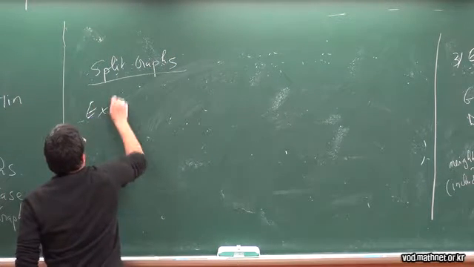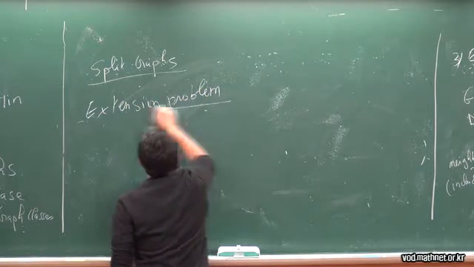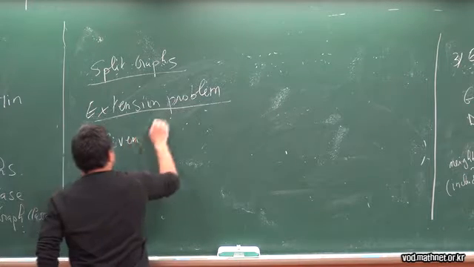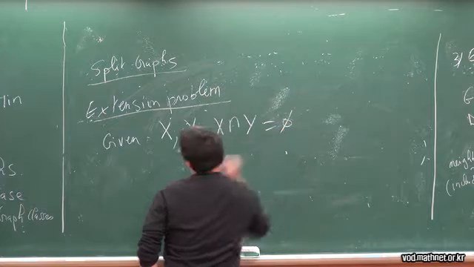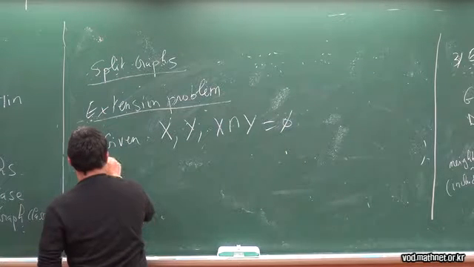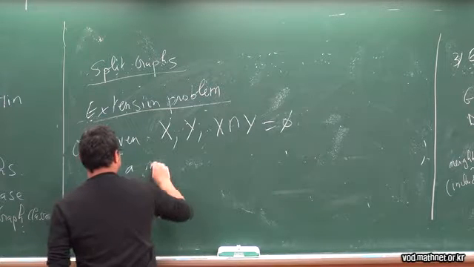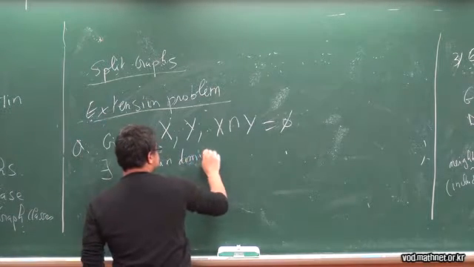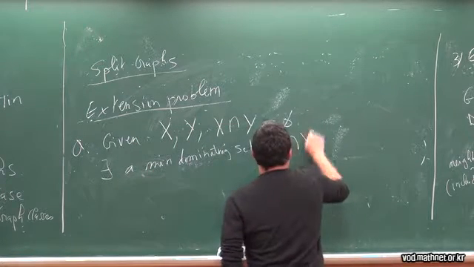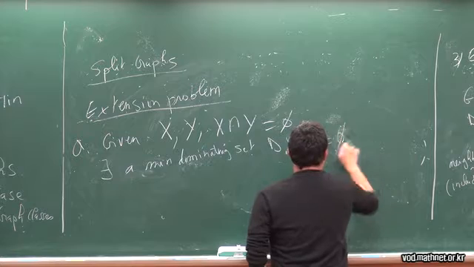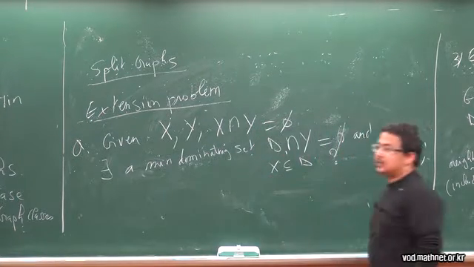So, the extension problem. Given X and Y, X not intersecting Y, does there exist a minimal dominating set D not intersecting Y and including X?